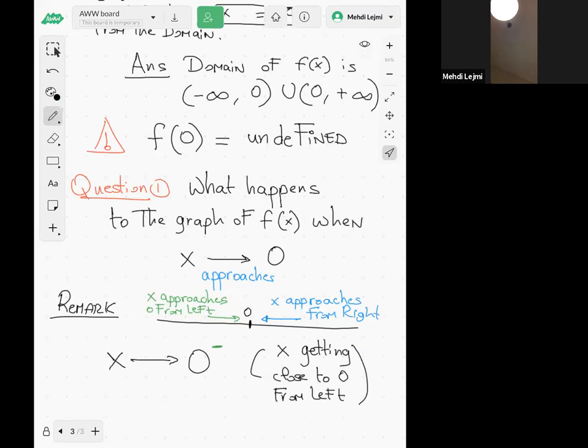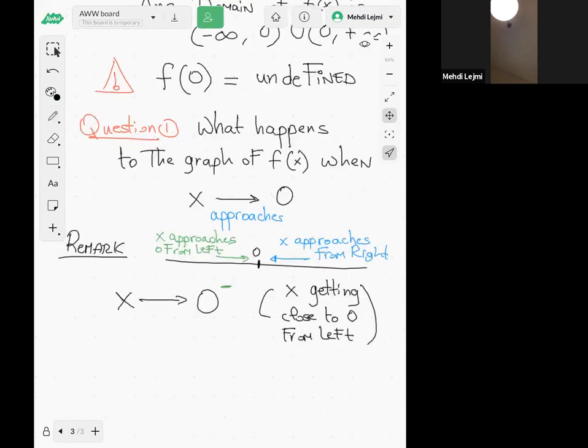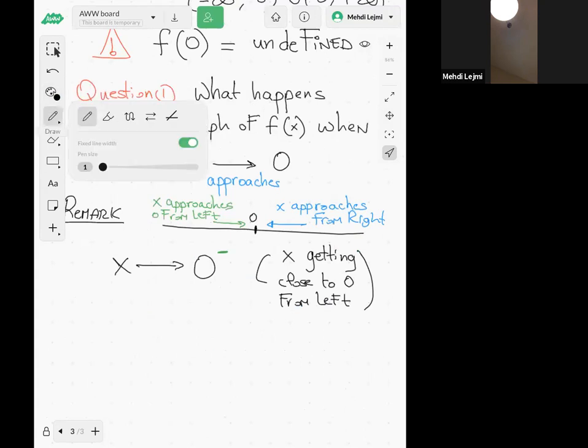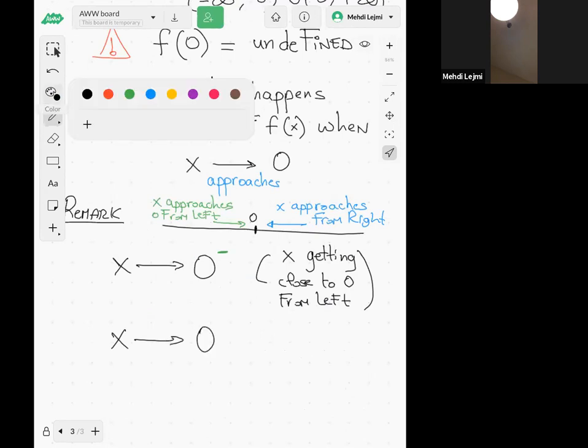Okay, and if you put the plus in the top of 0, so if you write x arrow 0 and a plus, this means that x is getting close to 0 from the right.